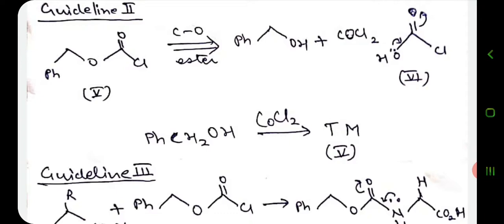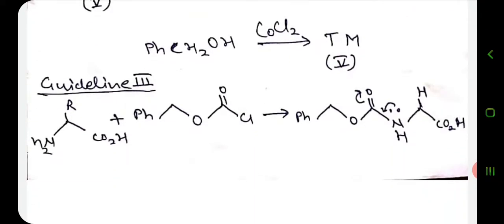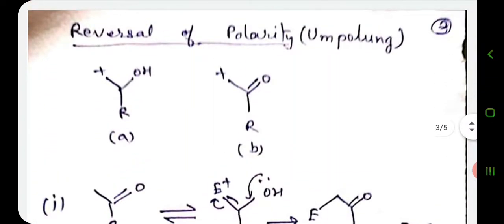This succeeds since the acid chloride, represented by compound 5, is less reactive than the double acid chloride because of the conjugation. So we can explain with these examples.